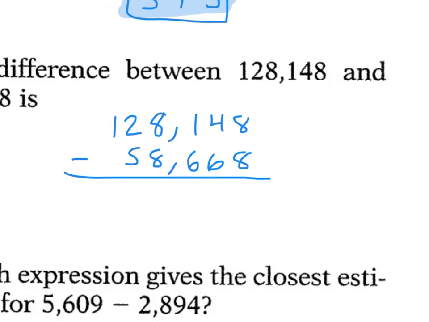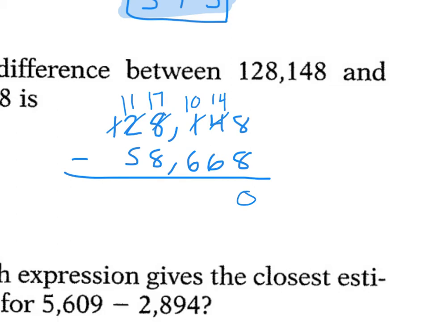So to subtract, 8 minus 8 is 0. We can't do 4 minus 6, so we need to make this a 14 by borrowing from there. We would need to borrow from here as well to make this one 10 and 7. This has to become 1 and 17, and then this one becomes an 11.